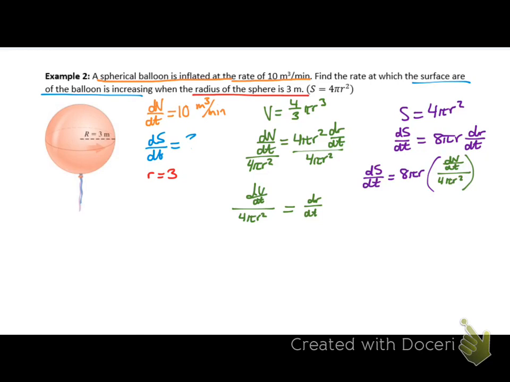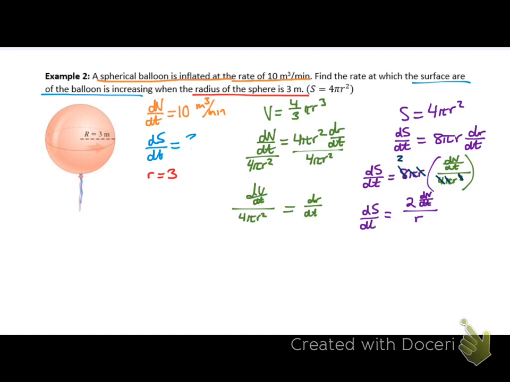Now, just using my vast knowledge of algebra, I can cancel some stuff out. The 4 and the 8 will cancel to make a 2. The pi's cancel. The r just becomes r on the bottom. And so I really just have 2 dV dt over r, which is much simpler to look at.